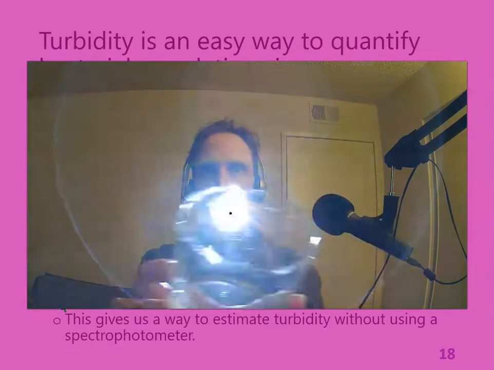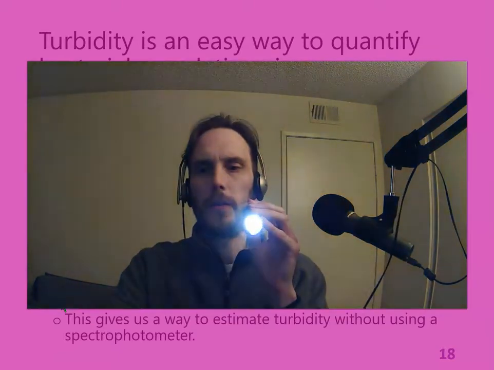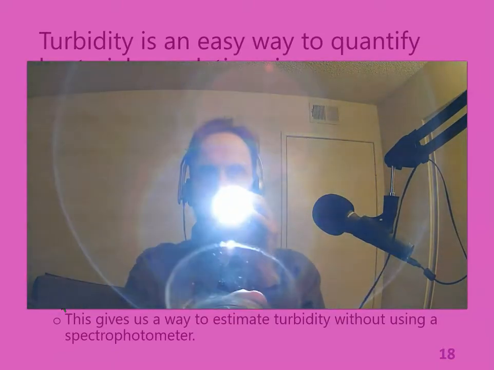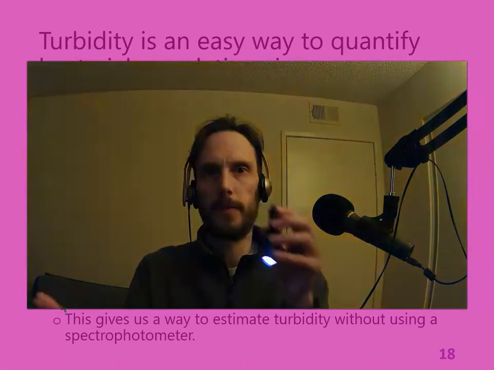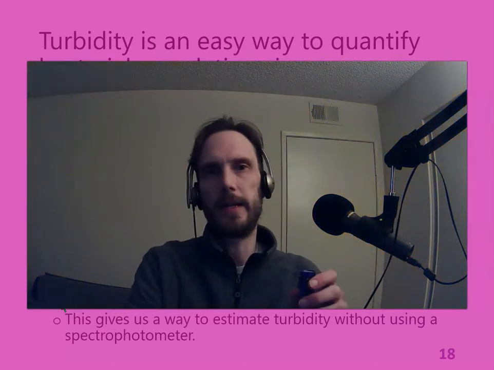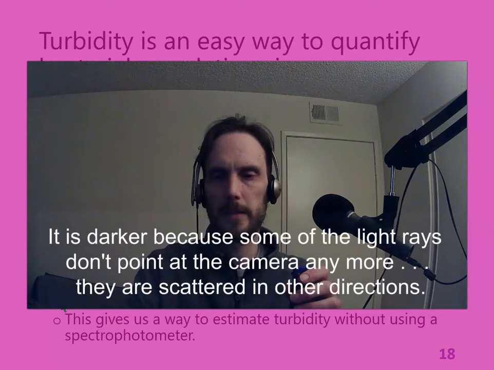So it gets a little bit darker, but it stays pretty much the same. So at least it's supposed to. If I do it slowly, it gets a little darker, and that's because some of the light is being scattered by this glass and by some of the dirt on this glass.